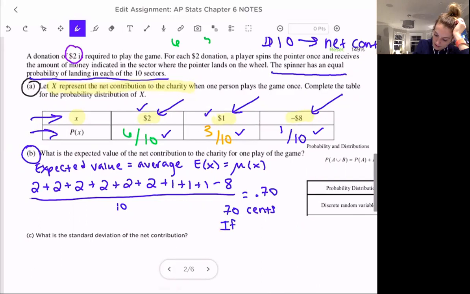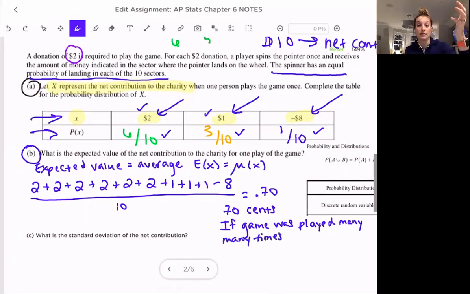If this game was played many, many times, ideally an infinite number of times, right?